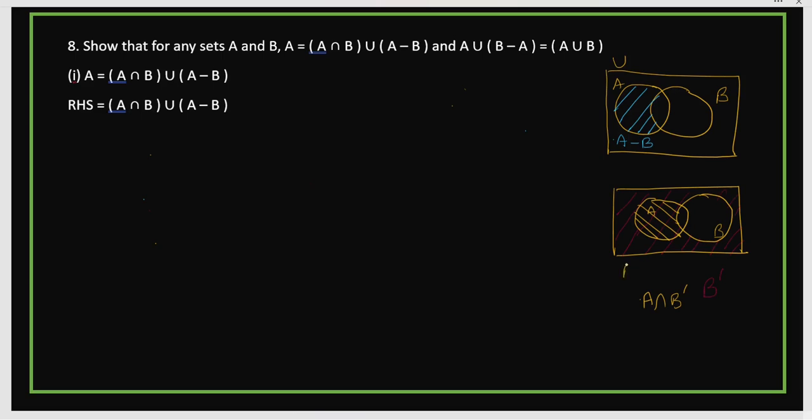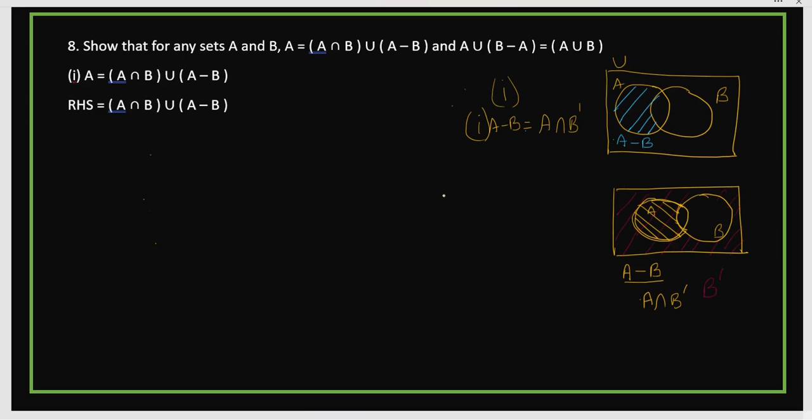That is nothing but, as you have seen many times, A minus B. This crescent is A minus B. So we have got an important relation here: A minus B equals A intersection B complement. This is the first relation. You can prove it with a Venn diagram, or by taking some examples.